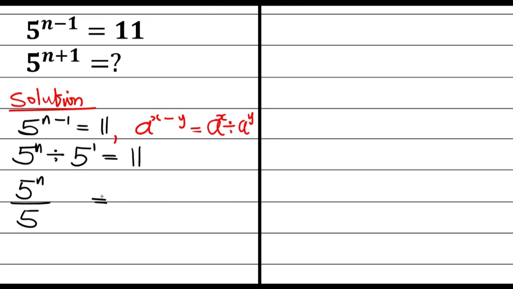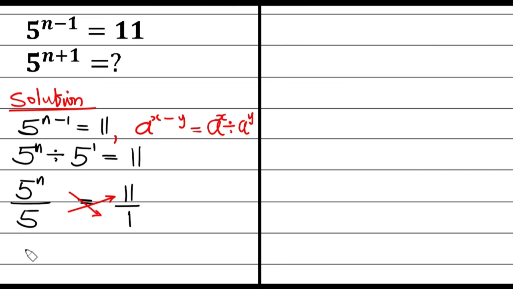The only thing I'm going to do here is to make my 11 appear as a fraction, since I have a fraction at the left hand side. So I make this appear as a fraction too by saying 11 over 1. What I'm doing next is to cross multiply: 5 goes for 11 in terms of multiplication, then 5 raised to the power of n goes for 1.